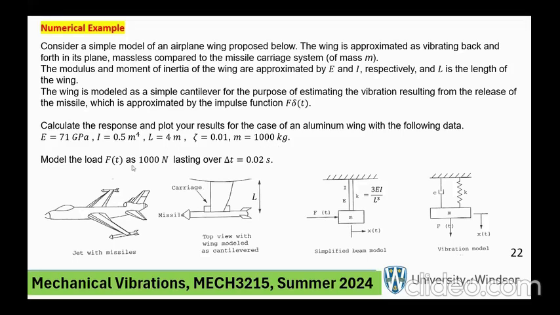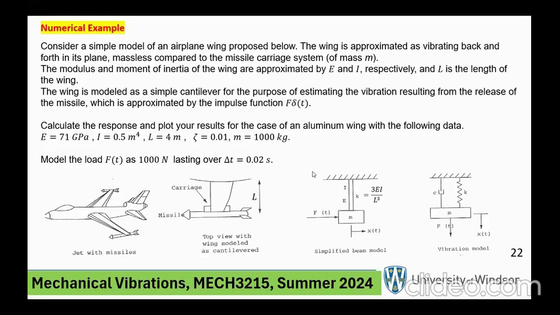Keep in mind that by writing that, we are assuming that it's an impulsive force, and let's say that the magnitude of that impulsive force is 1,000 newtons, and the firing lasts 0.02 seconds, maybe 20 milliseconds. All right.